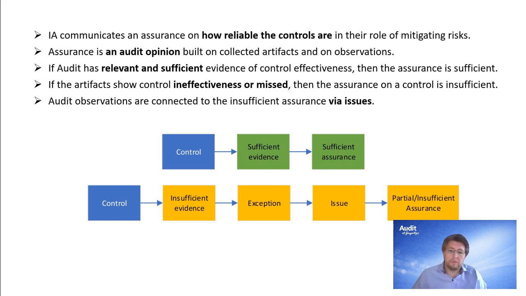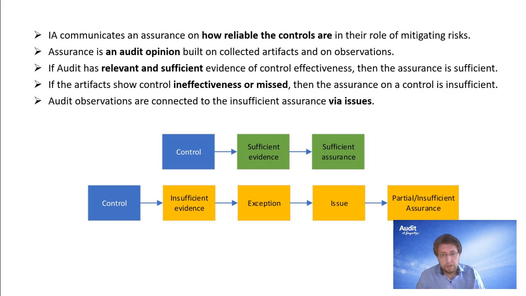However, it's still possible that we may encounter the opposite situation, when the artifacts that we collect and observations we made are either insufficient to demonstrate effectiveness of the controls, or may even demonstrate ineffectiveness. And in that case, of course, internal audit cannot give sufficient assurance. Internal audit in that case gives partial assurance or room for improvement or any other grade which is normally documented in internal audit methodology.